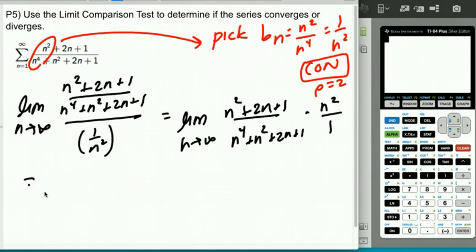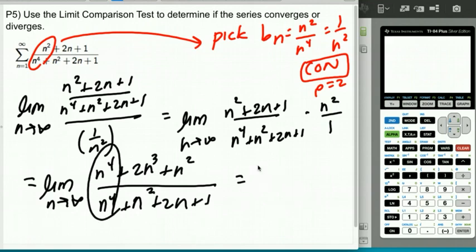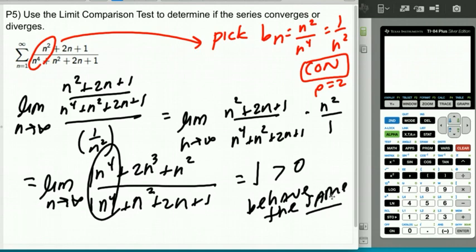When I distribute, I'm going to end up with the same situation I've had a bunch of times now, where the leading term has the same degree as the denominator. These are what I care about. That's a 1 over 1, which is a finite constant greater than 0, so they behave the same, which means if I know that this one converges, then this one also converges.